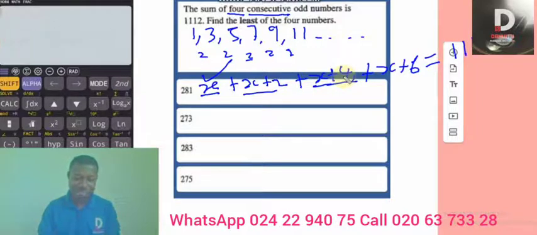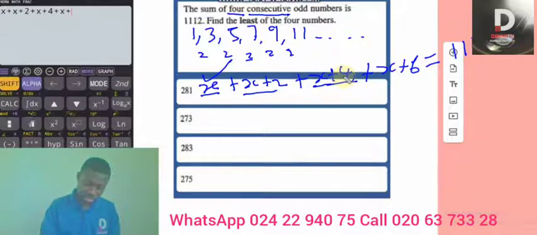I'll save here. So X, so that's alpha X plus what's the next one? The next one is also X. So alpha X plus 2 plus alpha X plus 4 plus alpha X plus 6.